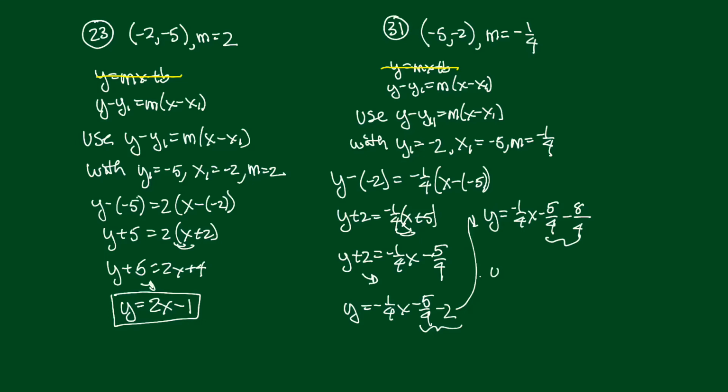All right, so I'll get y equals -1/4 x, and then -5 minus 8 is minus 13 over 4. There's our equation. So this line crosses the y-axis at -13/4 with slope -1/4.